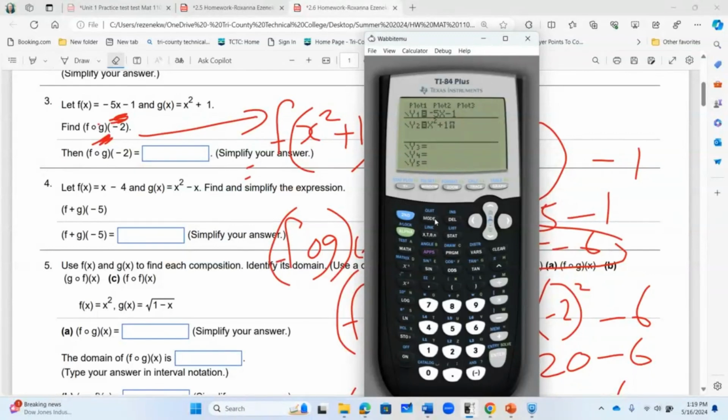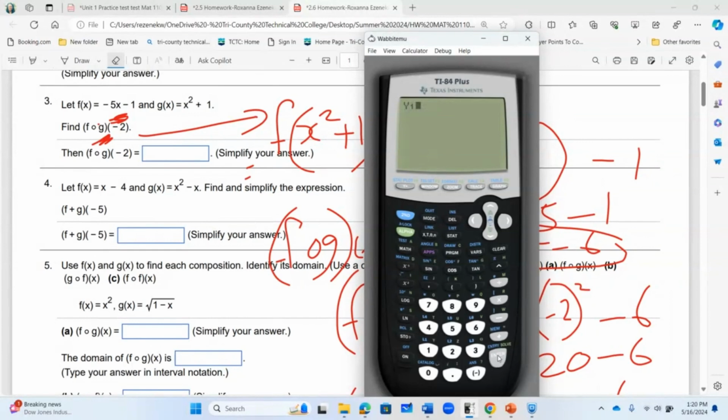I'll go to the main screen, second quit, and then I will bring down my f of x, y1. Remember, y1 is in f of x. F of x is in y1, representing the inverse function y1.